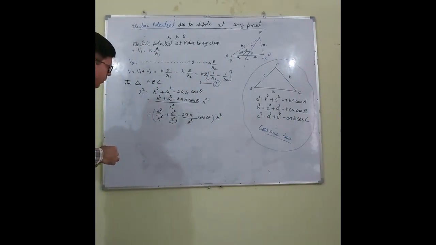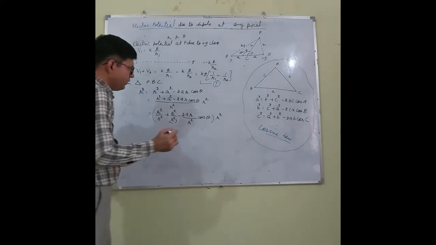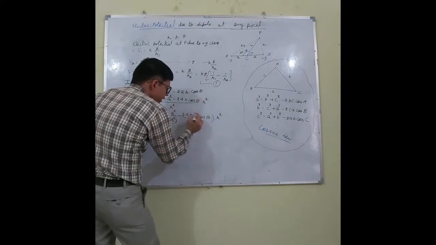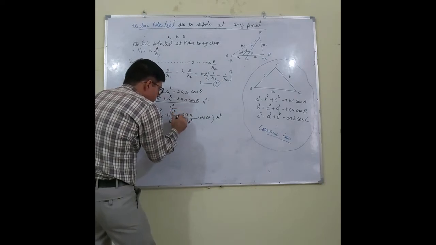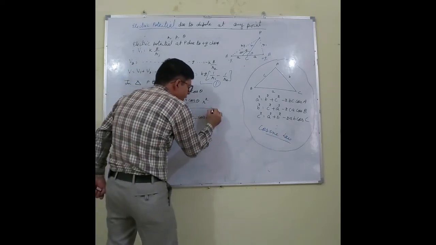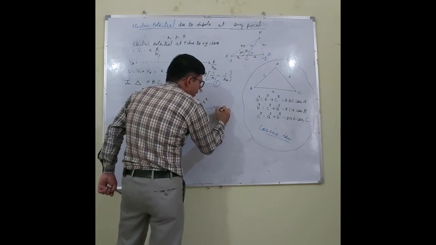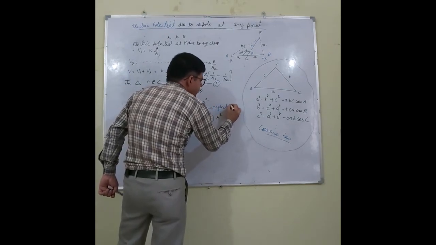Now, since the dipole is short, what does it mean? A is much smaller than R, so what can I do? I can neglect this. Why can I neglect this?